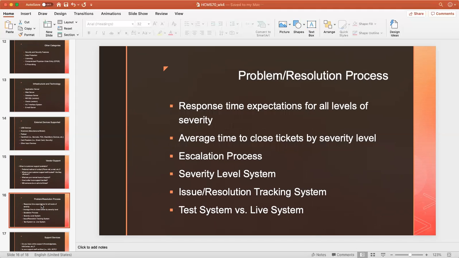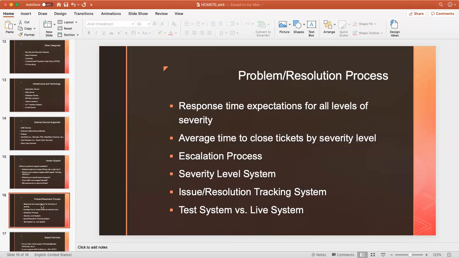Problem resolution is also very important because you must understand that while everybody goes into a new system like this, it's all exciting. It's like a first date, or it's like first getting married. Everything is wonderful, okay? But we don't know what's going to happen. I can guarantee you things will happen. That's just the way it happens.